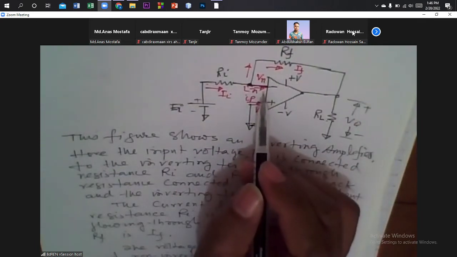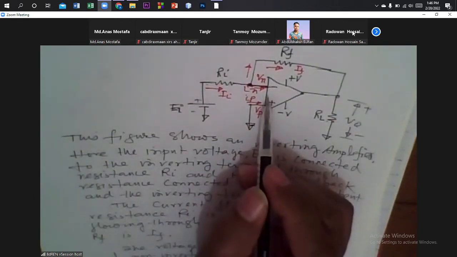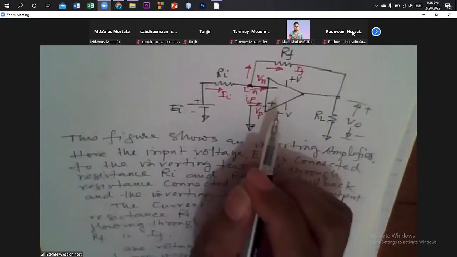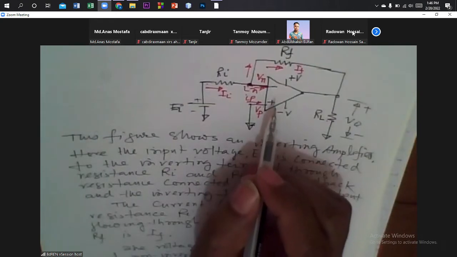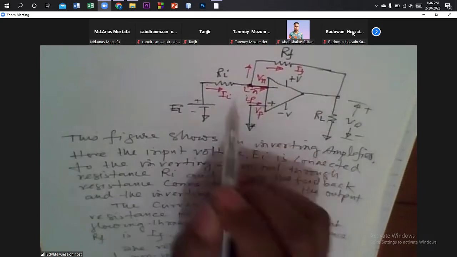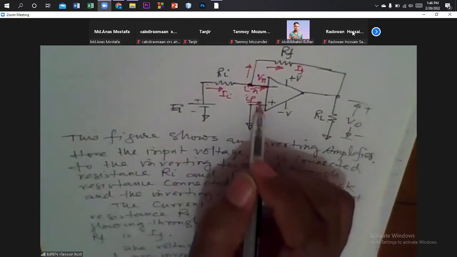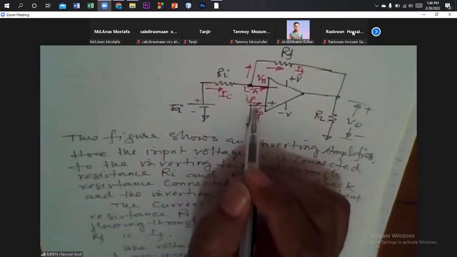So what can we say? Two conditions. Can you tell me the two conditions for negative feedback? Sir, IP is equal to IN is equal to 0. Both are 0.